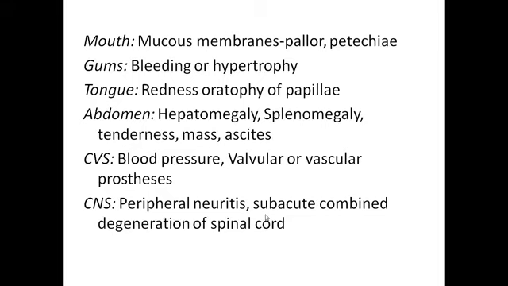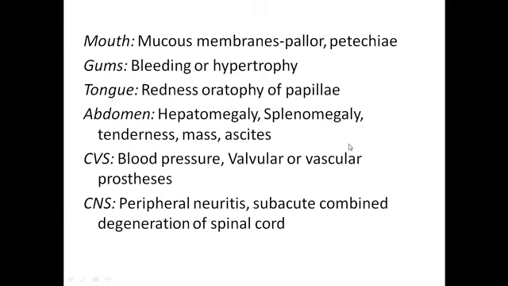In examination of the mouth, mucous membrane pallor may be observed. Gums: bleeding or hypertrophy. Tongue: redness, atrophy of papillae. The tongue is involved in iron deficiency anemia, so you have to examine it thoroughly.